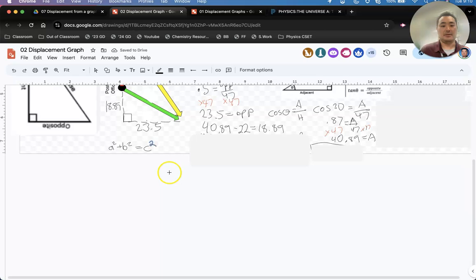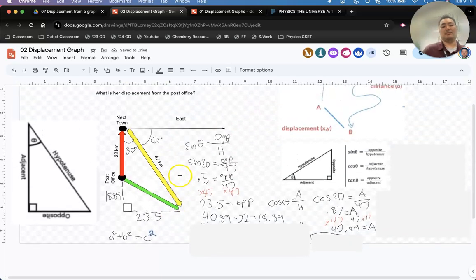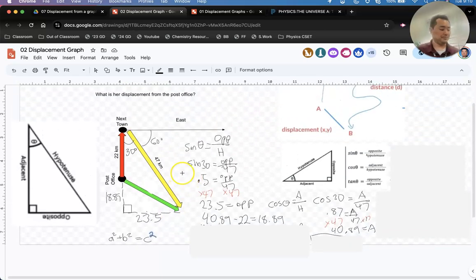If you know what A is and if you know what B is, you can find C as a result. So let's say our triangle is A 18.89, B 23.5, and then C. This is why I was calling it C earlier, Xavier. I was reading the notes and not making the connection. But we got A, B, and C of this triangle.